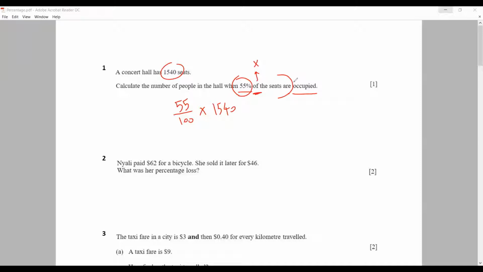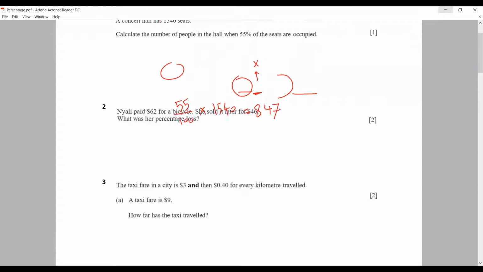You should get 847 seats occupied. If they want to make it tricky, they might ask you to find the number of empty seats. In that case, you have to subtract this value from the total number of seats. So please read the question carefully, because these types of questions are easy to score.